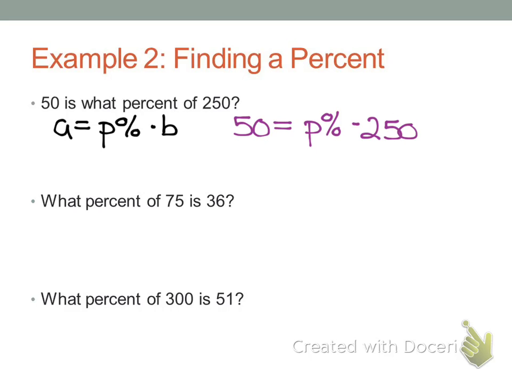So here's how I want you to write it whenever you're solving these percent problems and you're solving for percent. You're going to write it 50 equals 250p, with the understanding that P equals the percentage, so we're just going to drop off that percent sign to make it look a little bit nicer to solve. Does that make sense? Yes.